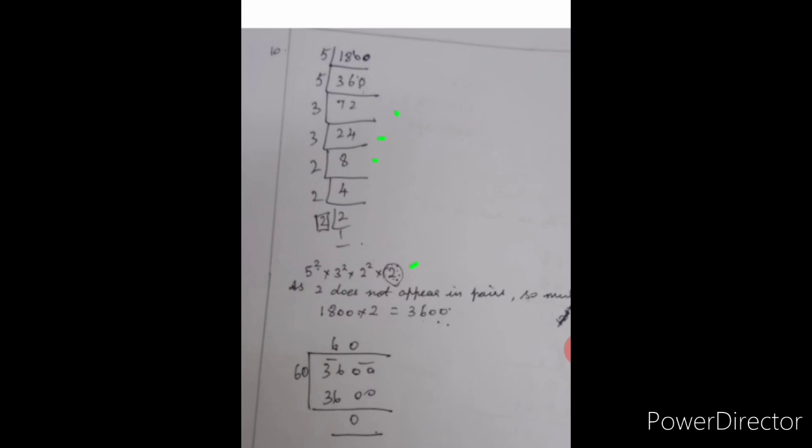So you have to multiply 1800 by 2 to get the perfect square. 1800 into 2 is 3600. So the square root of 3600 is 60.